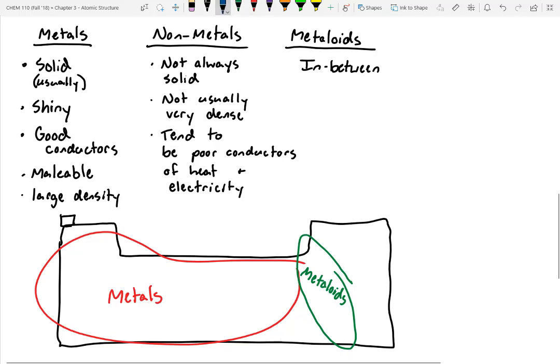And then the ones on this far side over here are going to be your nonmetals. This is pretty generic. It won't work 100% of the time, but it's a pretty simple classification for breaking down what type of stuff you're looking at on the periodic table. The metalloids have properties of both sometimes, so it's kind of hard to characterize them in a simple way.